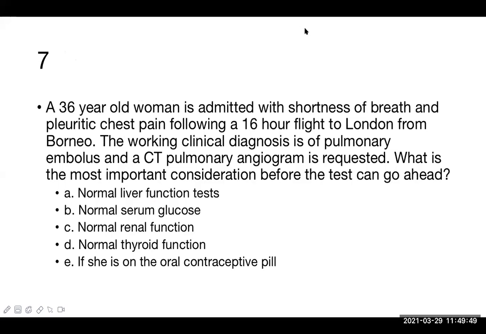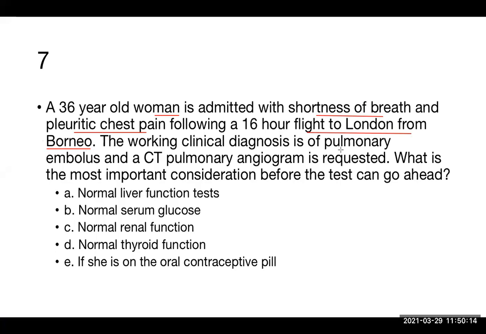Now, number 7. A 36-year-old woman is admitted with shortness of breath and pleuritic chest pain following a 16-hour flight to London from Borneo. Borneo belongs to Malaysia, Borneo Island.